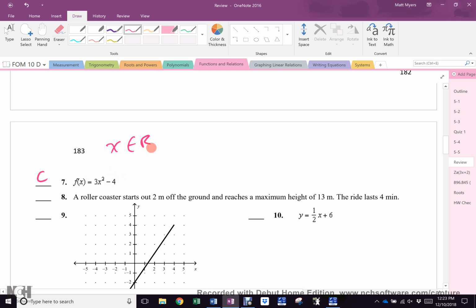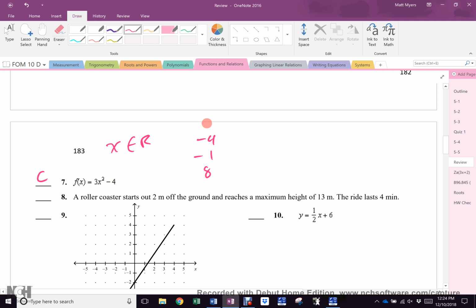But why, no matter what we choose for X, for example, let's take 0. 0 squared is 0, right? 0 times 3 is 0. Minus 4? Minus 4. Now let's go to 1. 1 squared is 1, times 3, minus 4 is -1. 2 squared is 4, times 3, minus 4 is 8. They are getting bigger, yes?